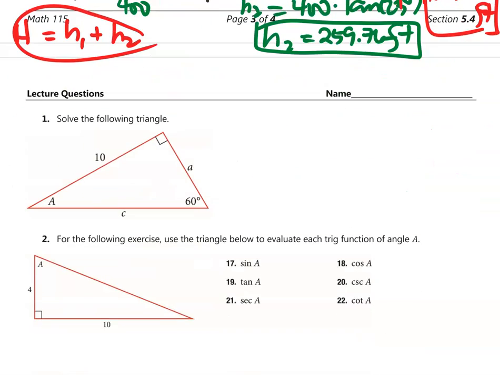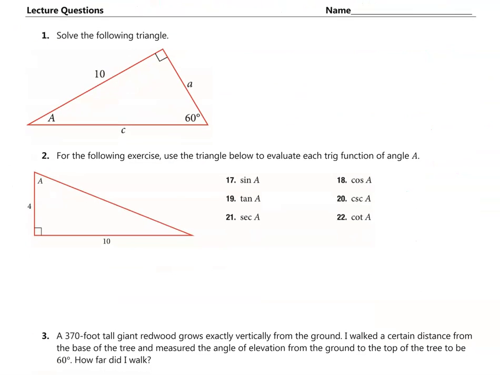All right. Now let's try to solve some lecture questions. Number 1, solve the following triangle. So meaning we have to complete all the 3 sides and all the angles. So what do we have here?